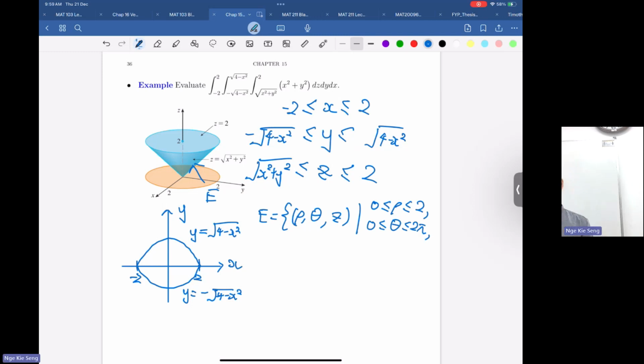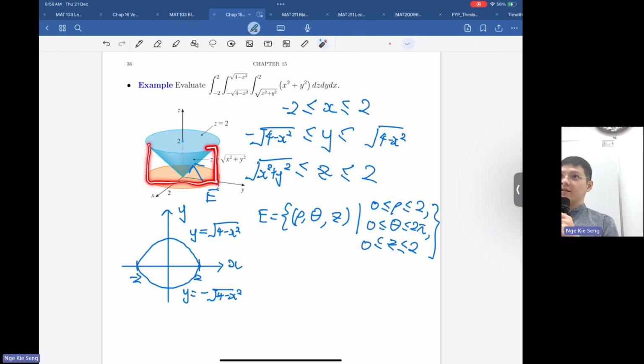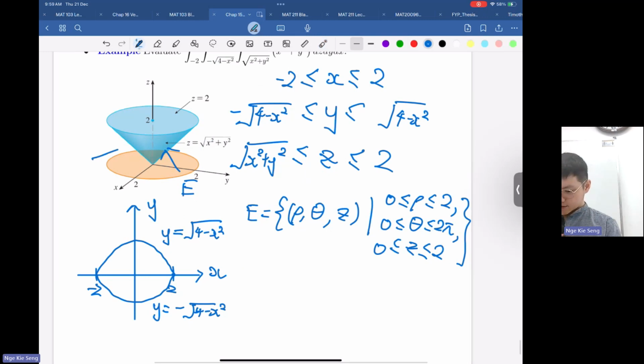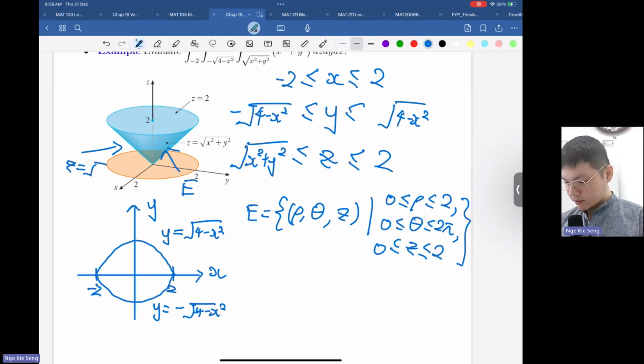How about z? It is bounded above by 2. Bounded below by what? Not 0, right? If bounded below by 0, I should get this cylinder. So I need to cut by this cone here. What's this cone in cylindrical coordinates? It is z equals square root of rho squared, which is rho. So bounded below by rho.